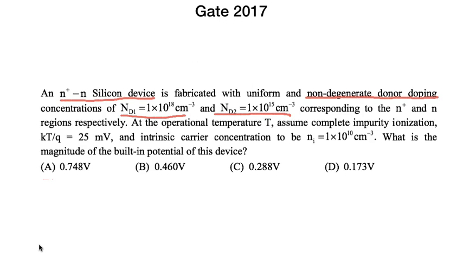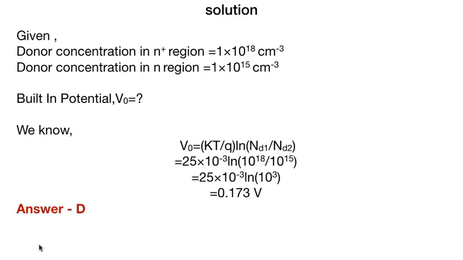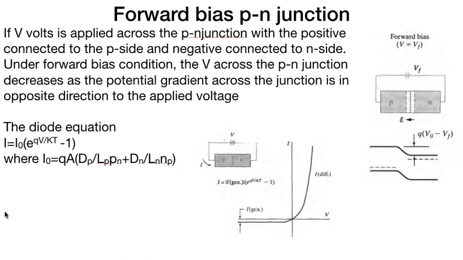We have known that V0 depends on both the concentrations, so the magnitude will be dependent on them. The built-in potential is V0 equals kT by q natural log of Nd1 over Nd2. It gave me 1.73 volts.